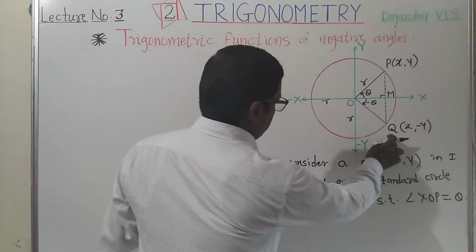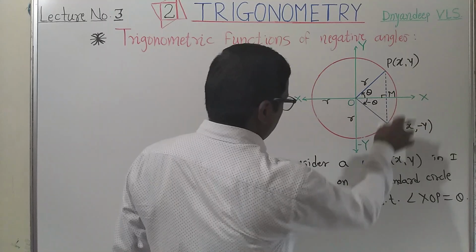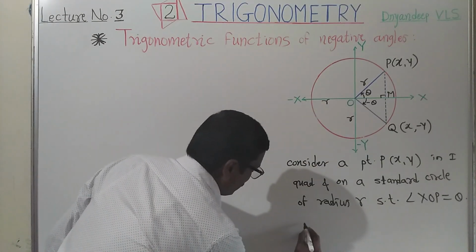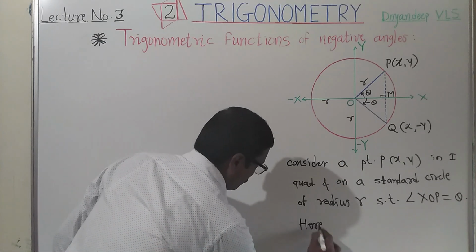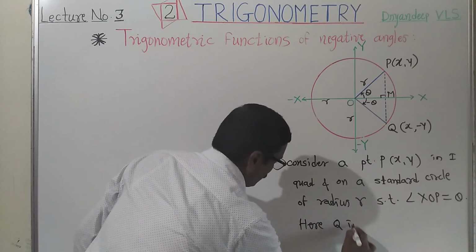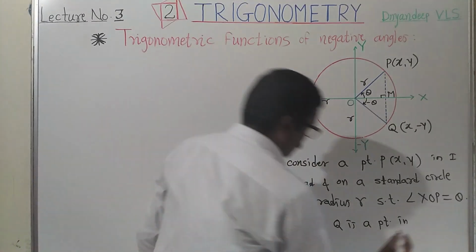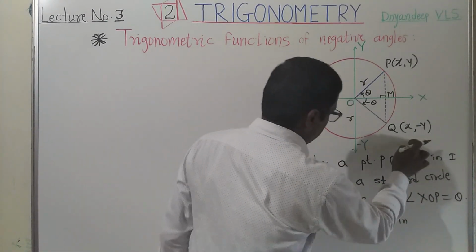Now, Q is a point on the same circle having inclination minus theta. Here, Q is a point in the fourth quadrant, first, second, third, fourth.